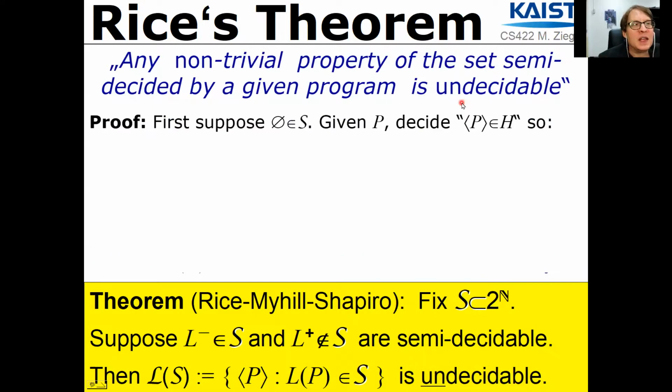And now, finally, the final 5 minutes: the proof. The proof considers two cases. Undecidability means, remember, that it cannot be both semi-decidable and its complement semi-decidable. We're going to show that in both cases, at least one of the two conditions fails.